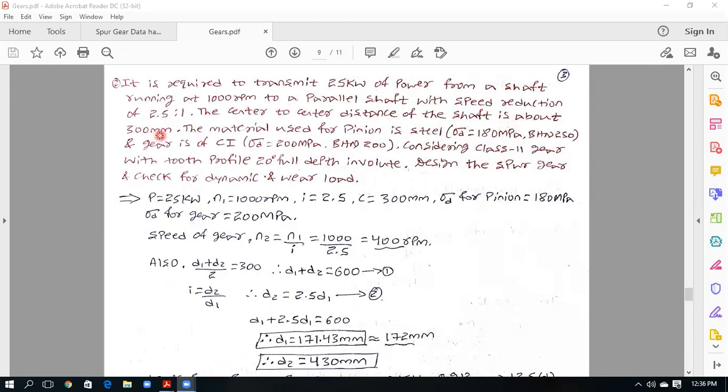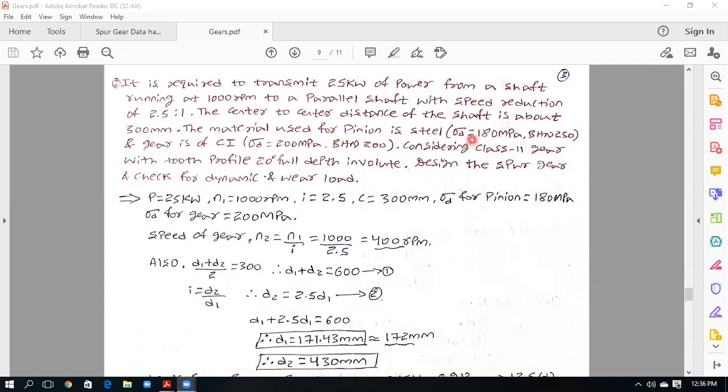In the previous problem which you have solved, the center distance was not given. In this case, center distance is given. The material used for the pinion is steel, and they have given the details, its Brinell hardness number is also given. Similarly, the gear is of cast iron, and its details are given.